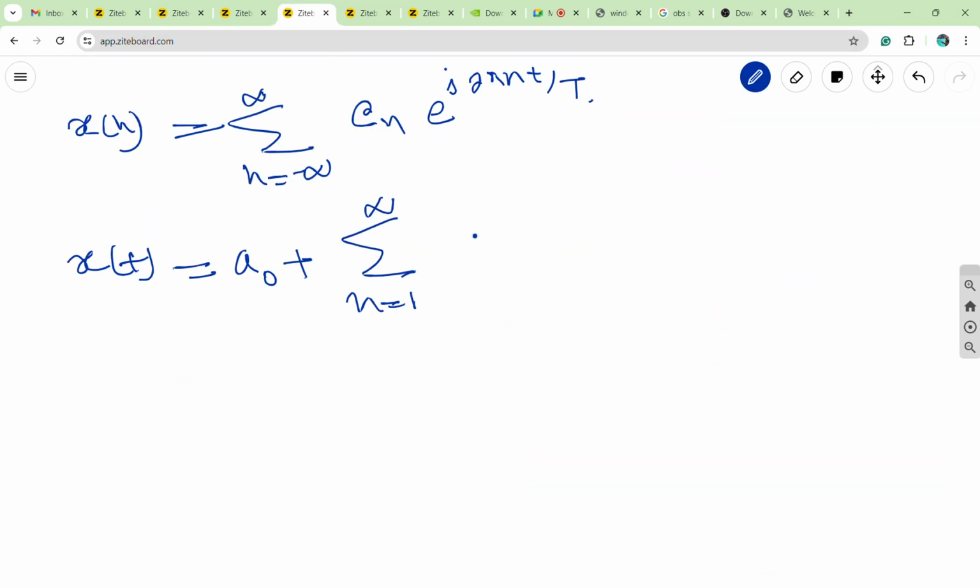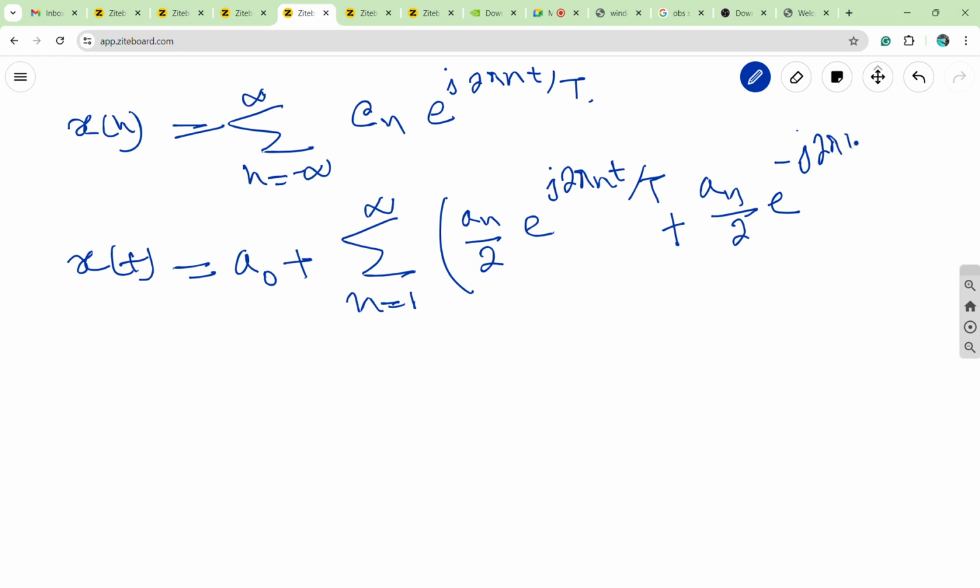So we are just writing the cos term. How can I write the cos term? It is actually a n by 2 e to the power j 2 pi nt by T plus a n by 2 e to the power minus j 2 pi nt by T.